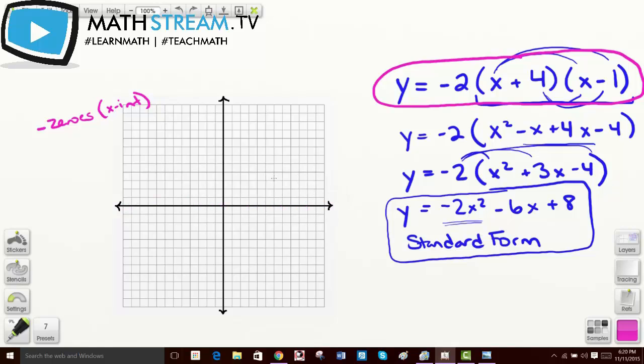The second important piece of information is we can figure out where the axis of symmetry is, which also allows us to figure out where the vertex is.